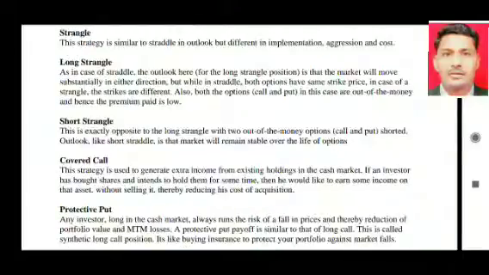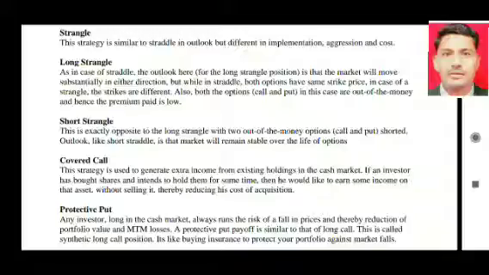Strangle. This strategy is similar to the straddle in outlook but different in implementation, aggression, and cost. Long strangle. As in the case of straddle, the outlook for a long strangle position is that the market will move substantially in either direction, but while in the straddle both options have the same strike price, in the case of a strangle the strikes are different.